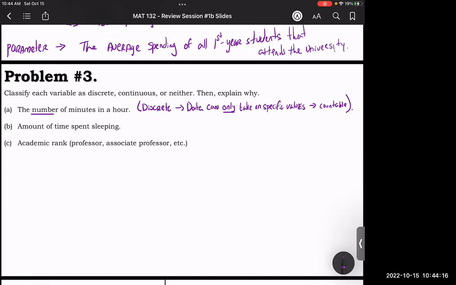And why do you say it's continuous? Can you apply the definition to explain your answer? Because it's an infinite number of possible values. That's right. So here we say that it's continuous because the data can take on any value in an interval.